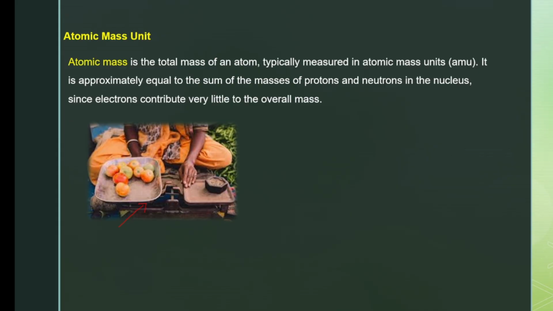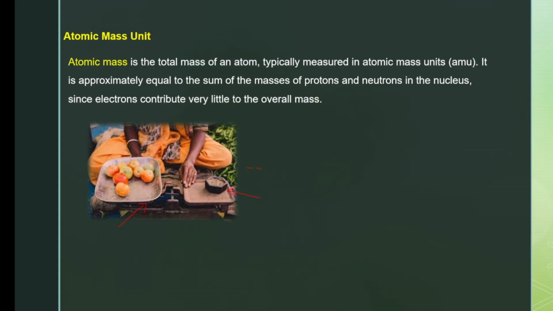The vendor will put a 1 kilogram weight here, and in this pan he or she will put the vegetables, until the needle becomes level. When the two needles come in a straight line, it means that the weight and the weight of the vegetables are equal, isn't it?